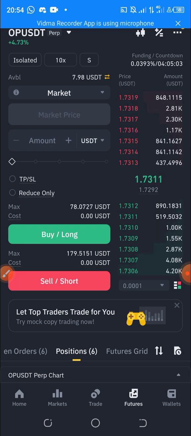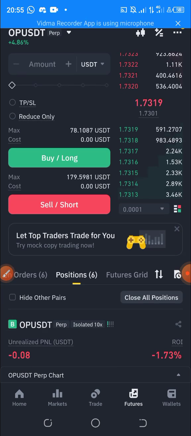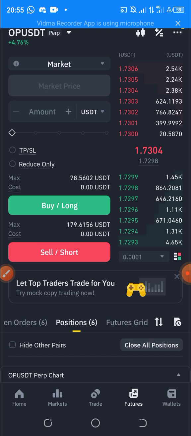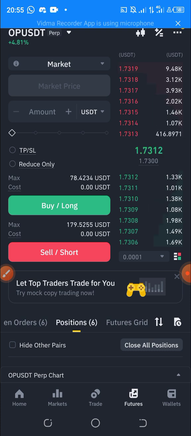And if it comes down before it goes up and it hits my stop loss, that means my stop loss order will be triggered and I will exit the trade. So with this, I have calculated my reward in case the trade goes in my direction, and in case the trade goes against my direction, I have also minimized my risk and set my stop loss.